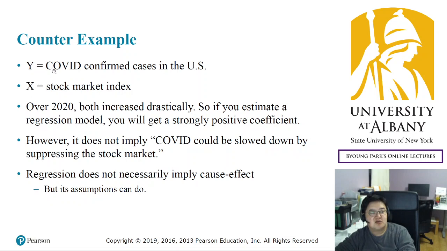The COVID cases impact government decisions, government spending, and government spending impacts the stock market. So there is another hidden variable, say government spending, government policy, which is affected by Y, and then government affects the stock market.